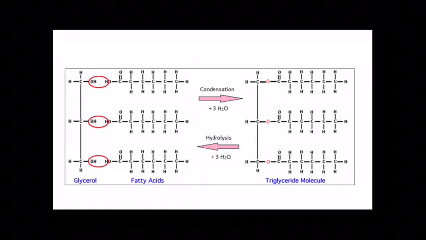So on the far left here, we're looking at a glycerol molecule. We've rotated it 90 degrees from what we were looking at on the previous screen. So now we see the 3 carbons one above each other, standing on each other's heads. So that's on the far left.